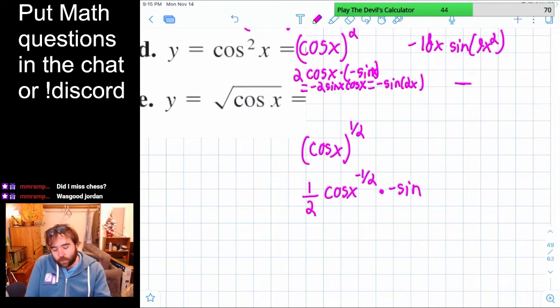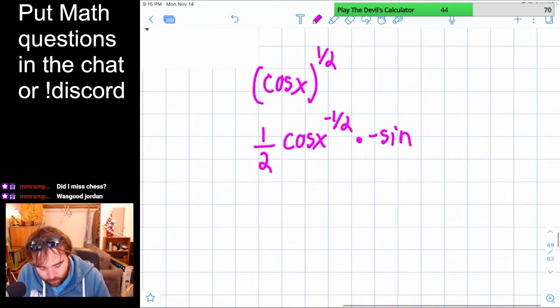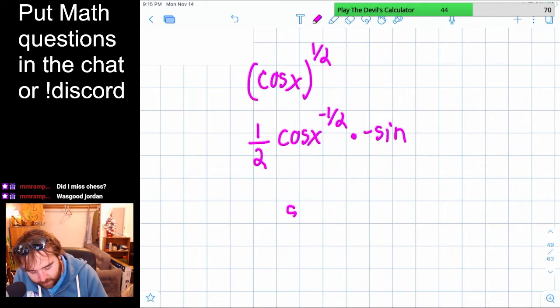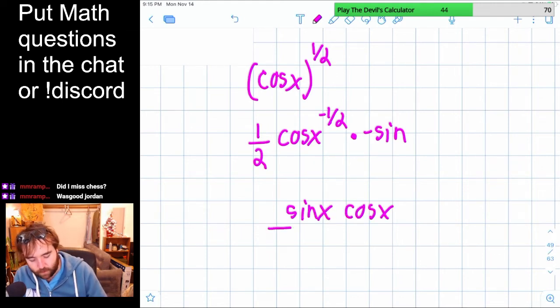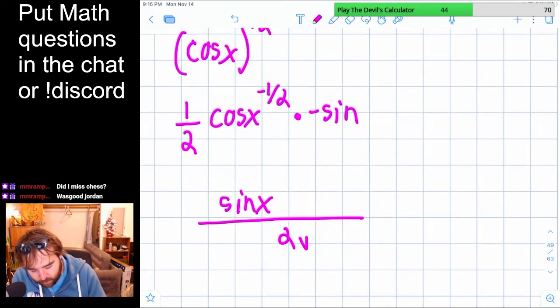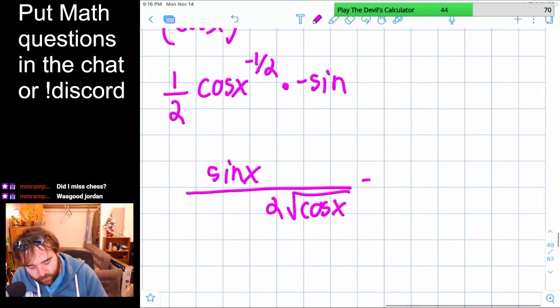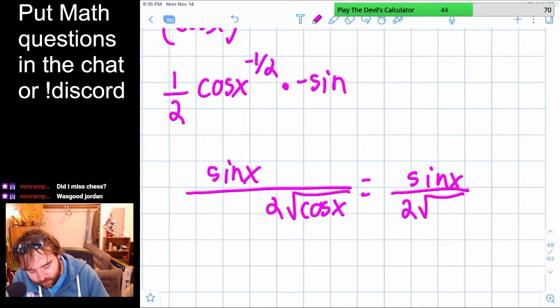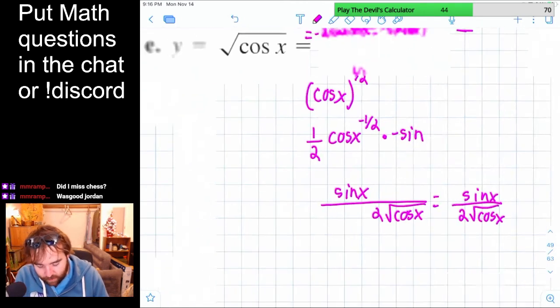And then you make it a little prettier. So let's rewrite this as sine of x over 2 times the square root of cosine of x.